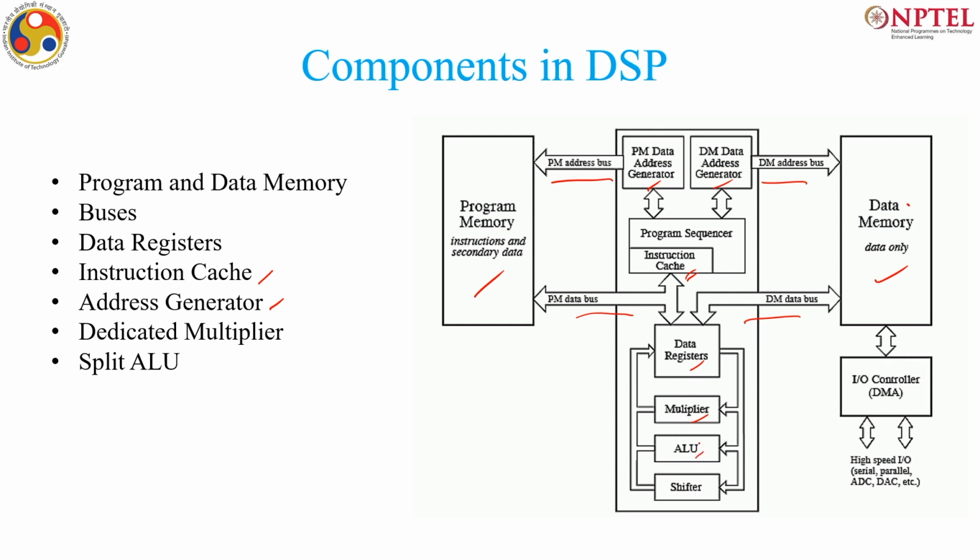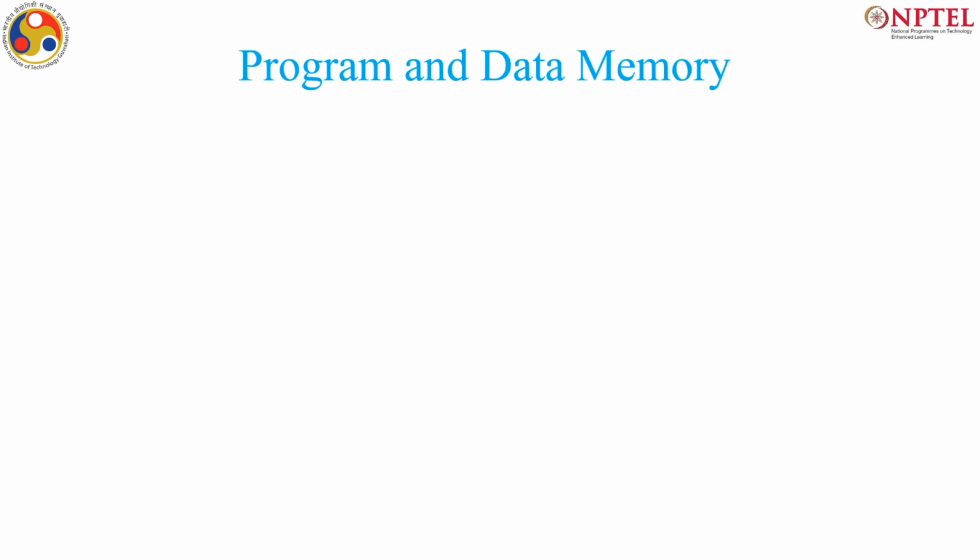Then we have split ALUs in DSPs, where each ALU can operate in parallel. There is a MAC unit, which is not shown here, but MAC typically refers to multiply and accumulate. There is a barrel shifter, which is like a circular shift, and there is a watchdog timer which will reset the processor if there is some problem or issue in the processing unit or operation.